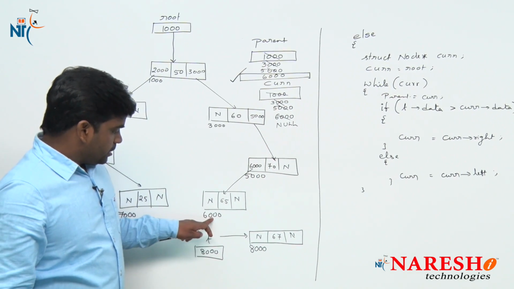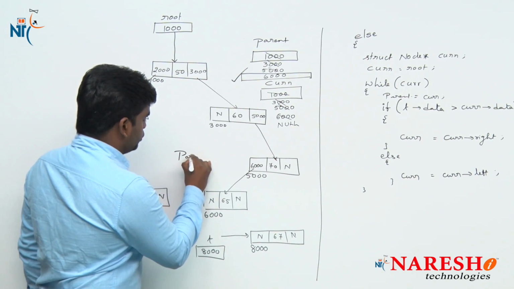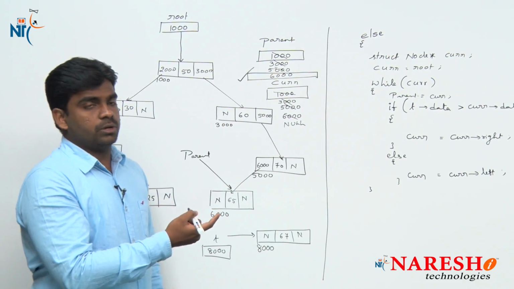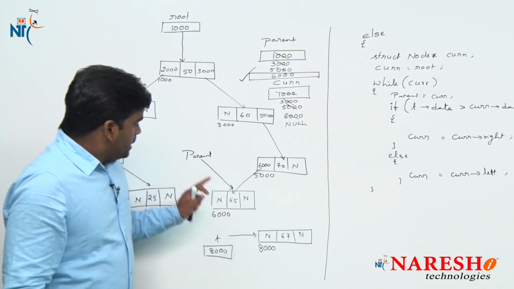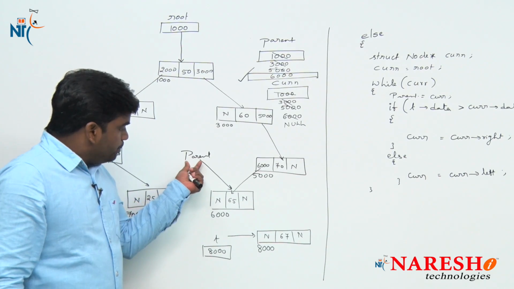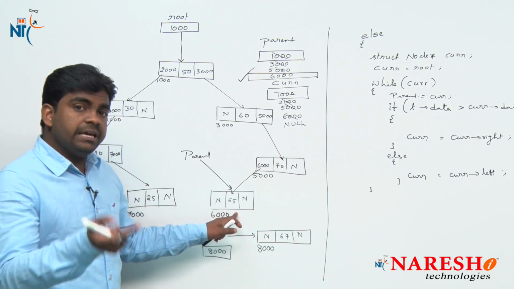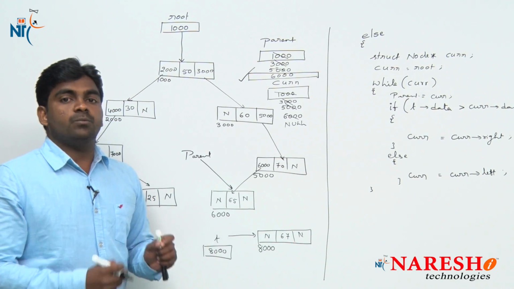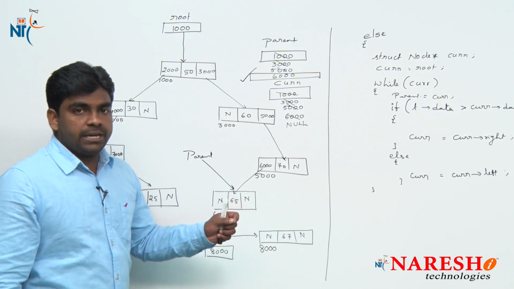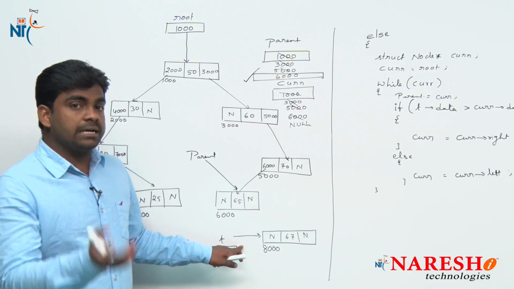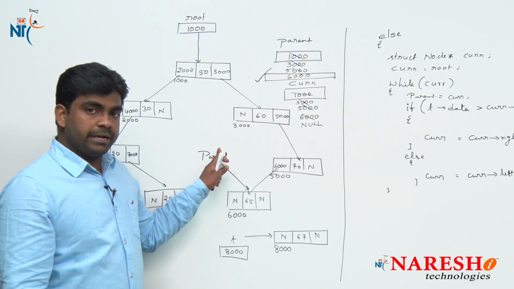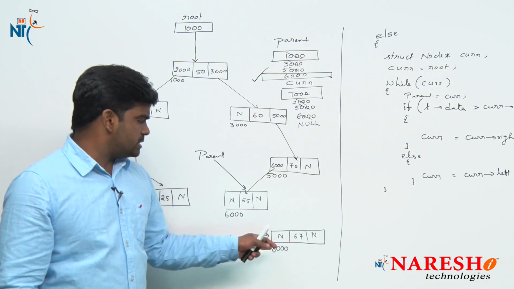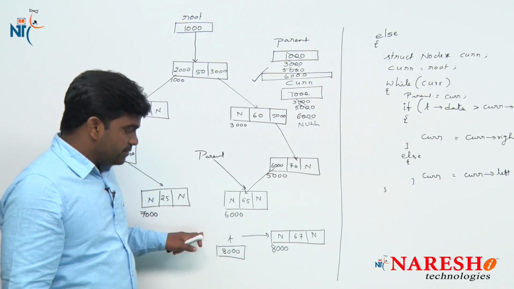See, so parent is pointing to, either parent or P you can write. Okay, I think I declared P. Here it is, parent is pointing to the node where we have to create the new node, but directly you can't create, right? Once again we need to check if T2 data is greater than parent to data, then connect the right side. If it is a lesser value, suppose 63, we connect it to left side.